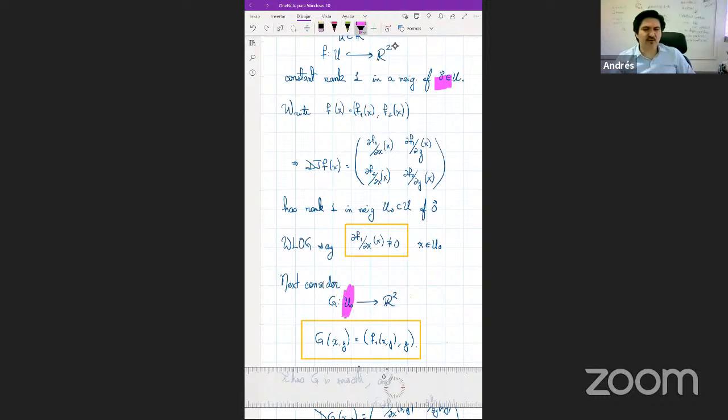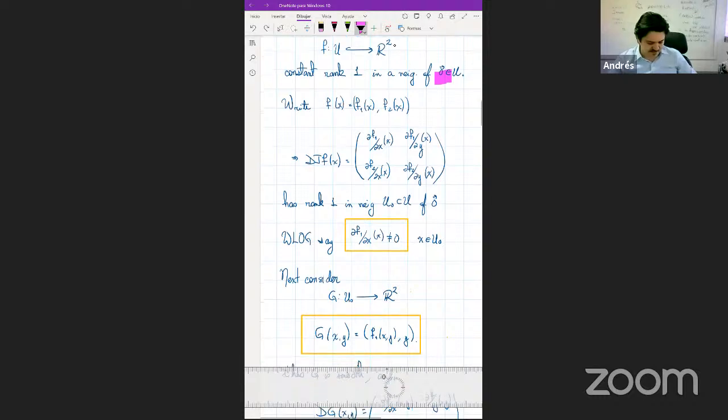This is a neighborhood of the 0 point where f has constant rank 1, or this is non-zero. So I have that map between R2 and R2. Basically, I would like G to be a coordinate chart in U or a smaller set in U.